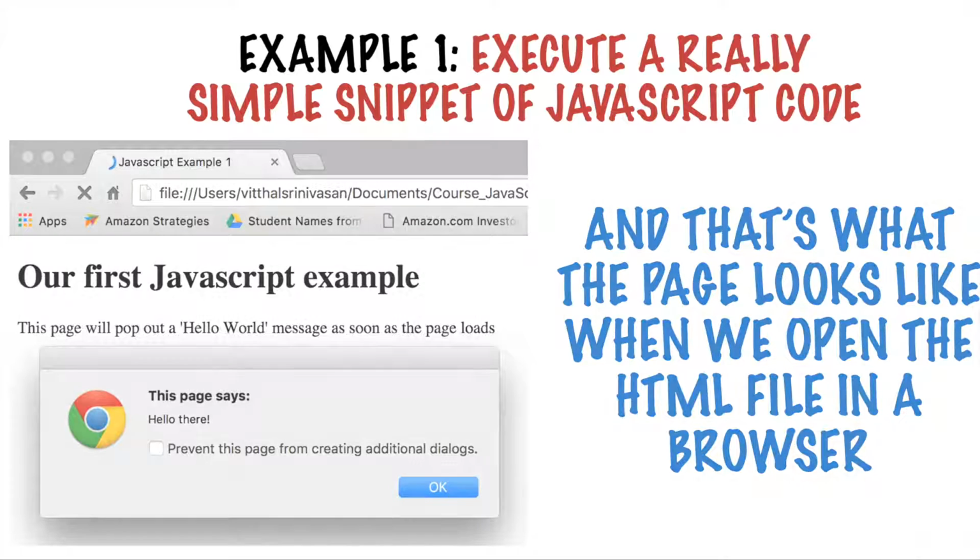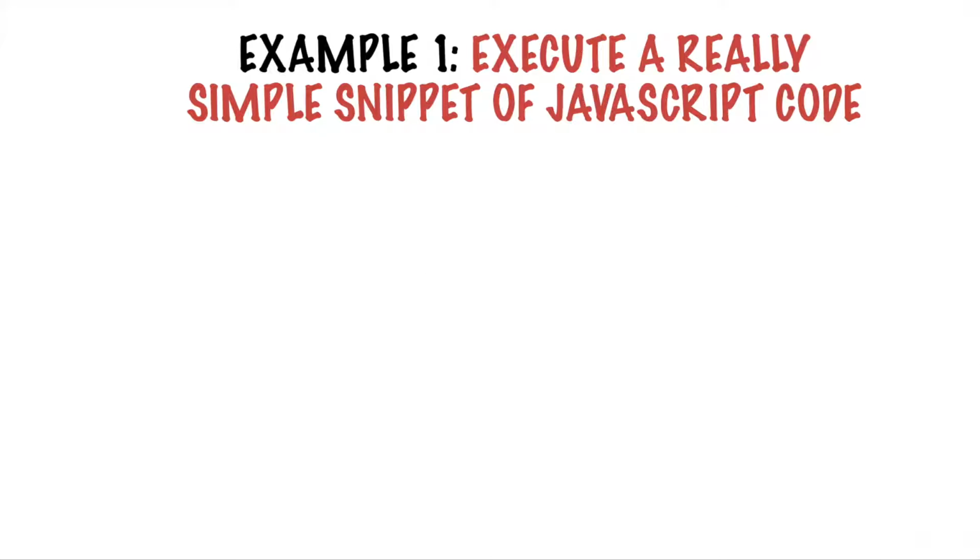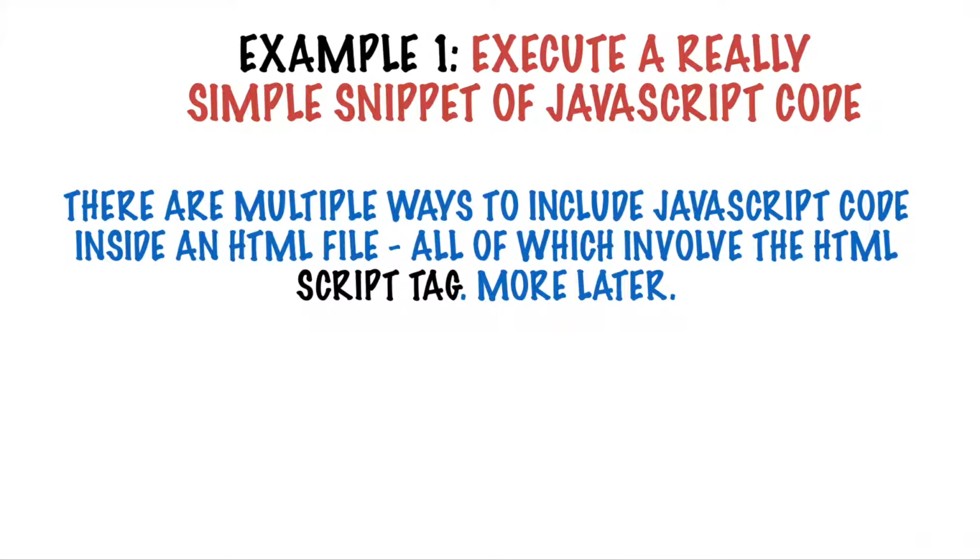Now, there are many ways to include JavaScript code inside an HTML file. There are many ways to say that this JavaScript code is run along with this HTML file. All of those ways involve the script tag. What we saw right now in this example was embedding the JavaScript code within the script tag in the HTML file itself.